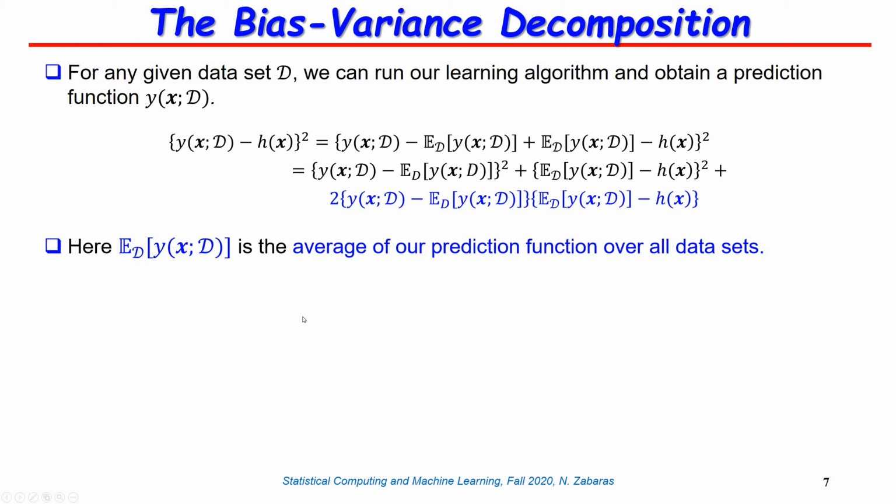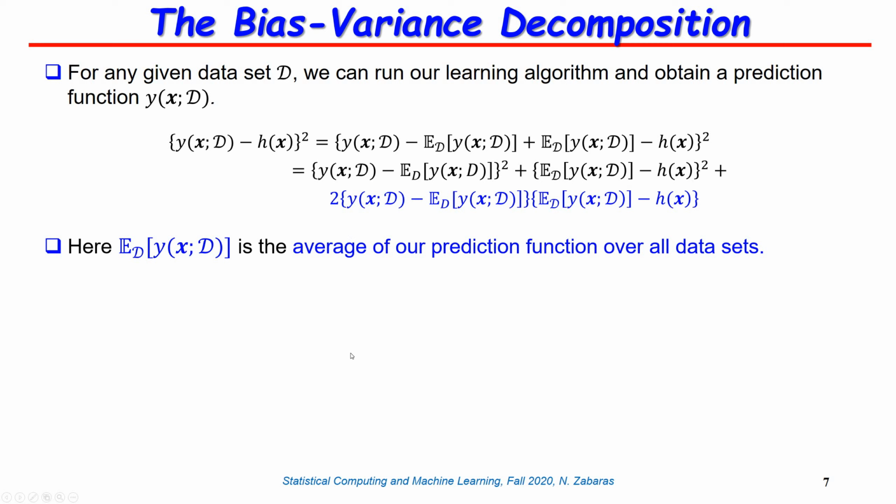Now, this is the error that I commit when I come up with a regression function for the data set D using my learning algorithm. What I would like to do is take the expectation of this over all the data sets that I have available to me.